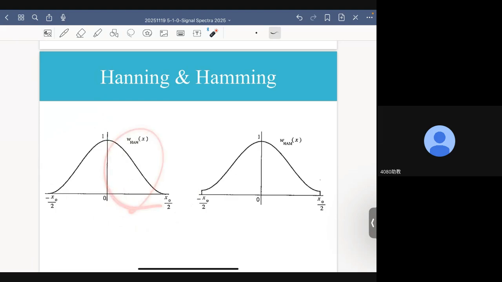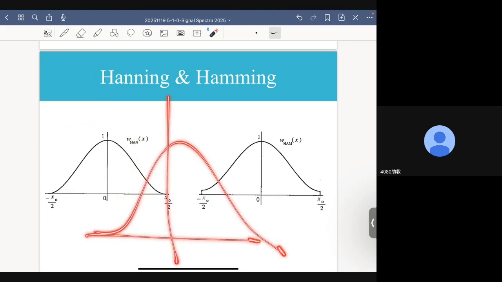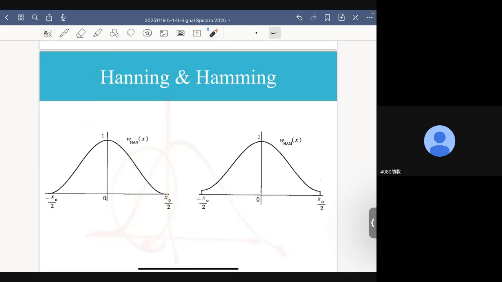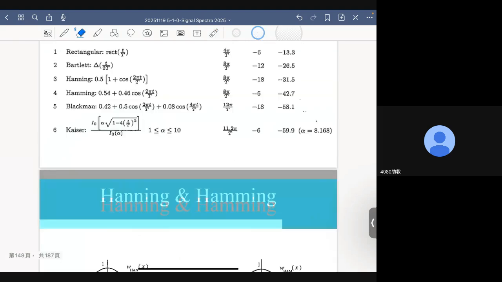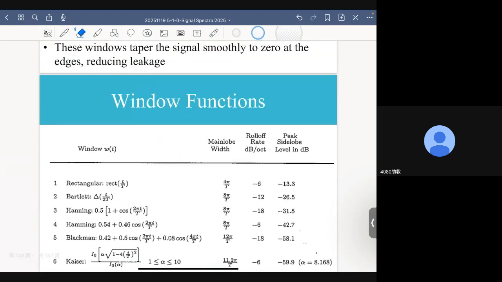Somehow at the edge of the window, we have less information. But if I let the windows overlap, then this part of the signal will be sampled twice. Okay, so its frequency components can somehow be retained, not entirely recovered without any error, but retained.